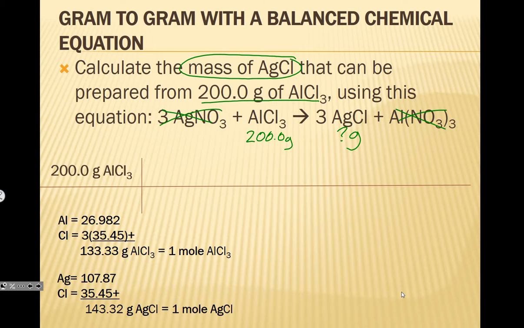Grams. So we put grams on the bottom, taken from right here, so that we can cancel out those grams. And we're going to put 1 mole on the top. Now this is important because this is where I see a lot of kids screw up. Whenever I'm going from grams to moles or moles to grams, it's always 1 mole.